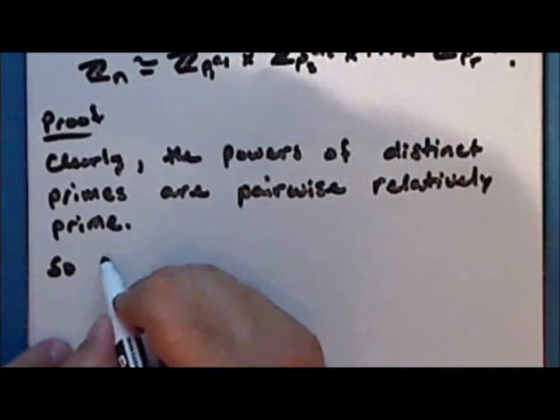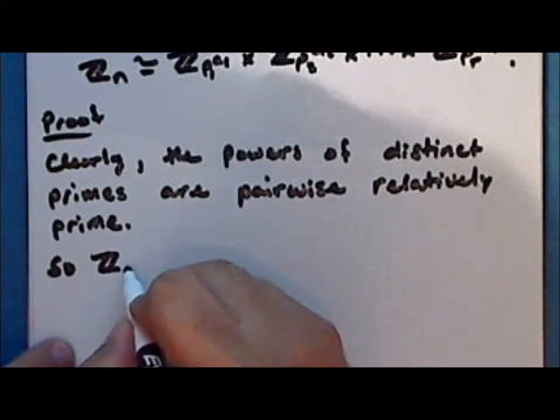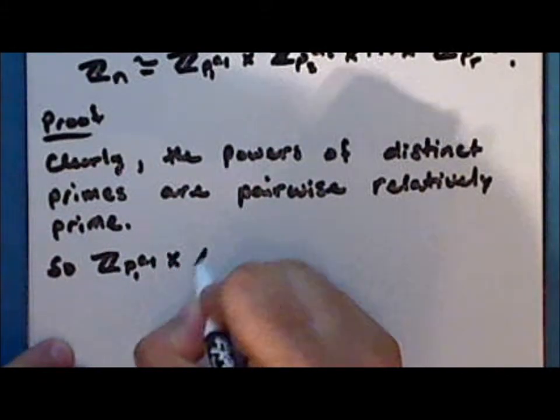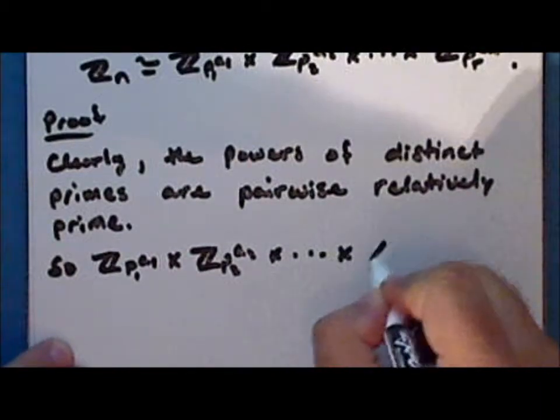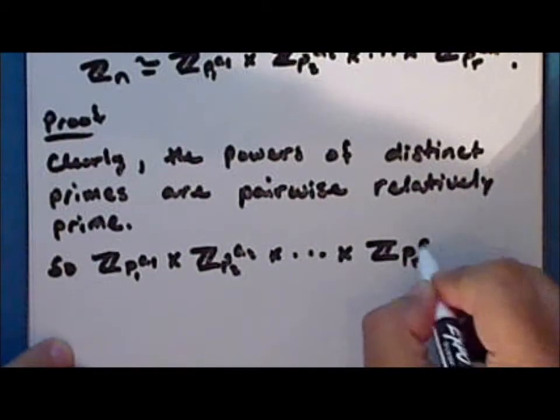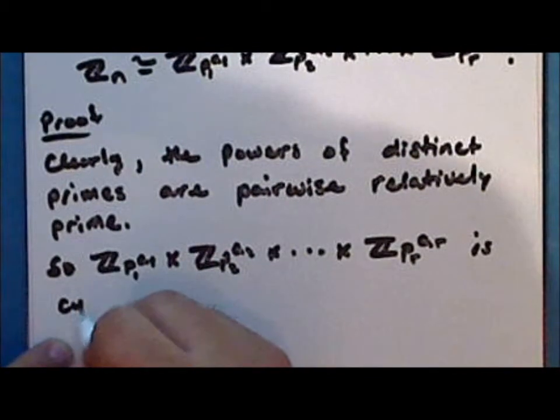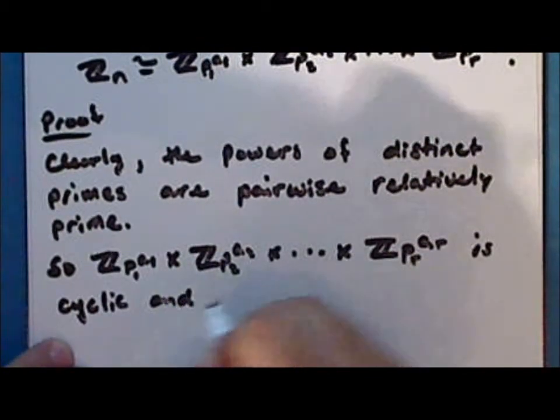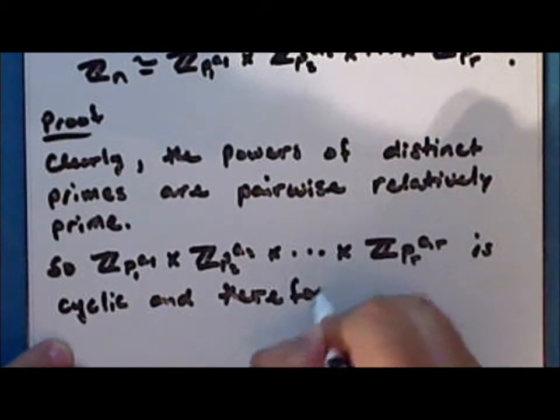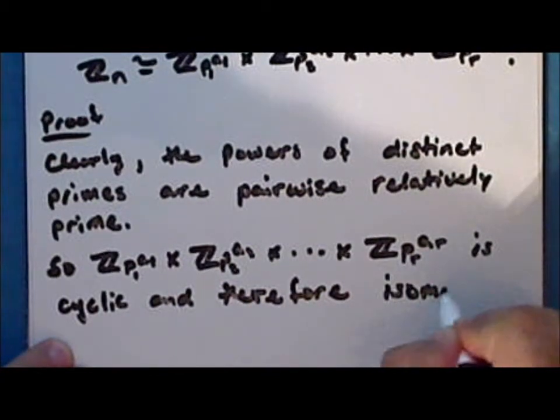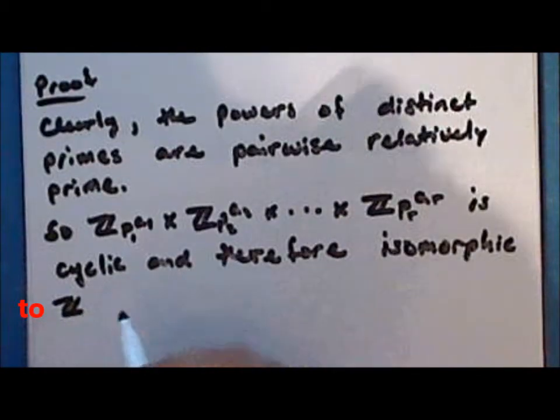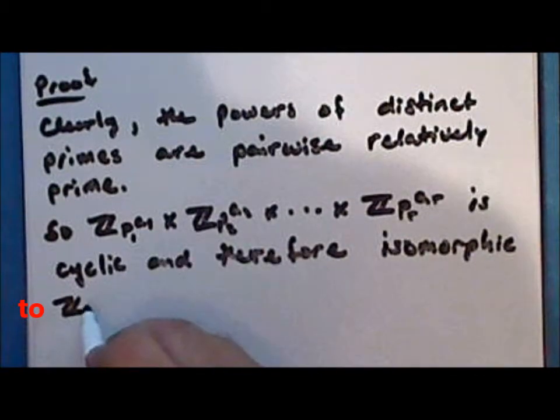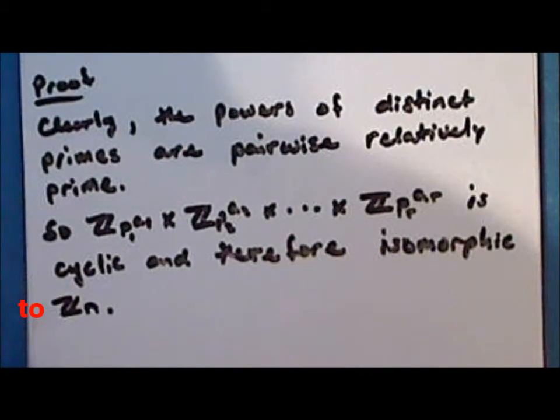And so by the previous theorem, the direct product of the integers modulo the powers of those primes is cyclic, and therefore isomorphic to the integers modulo the product of those factors, which is the integer n.